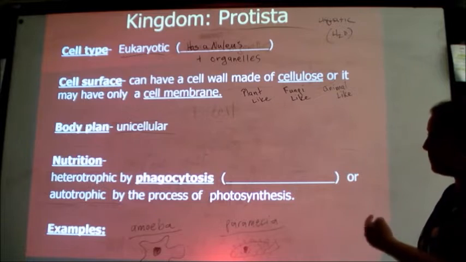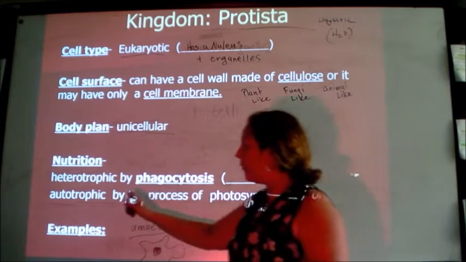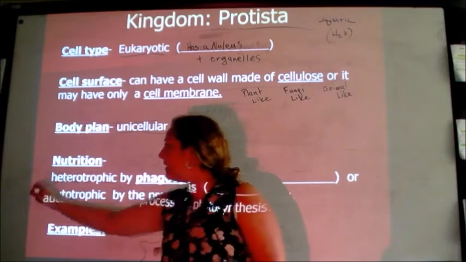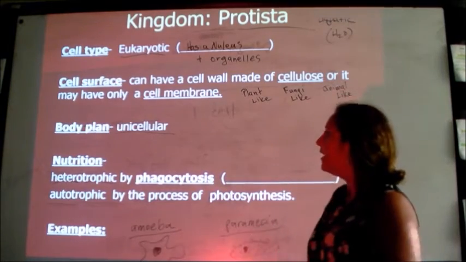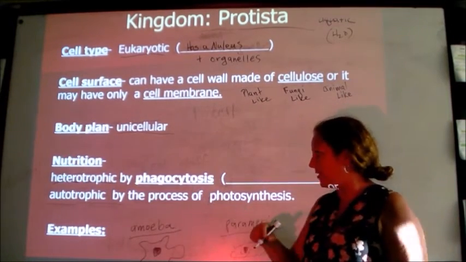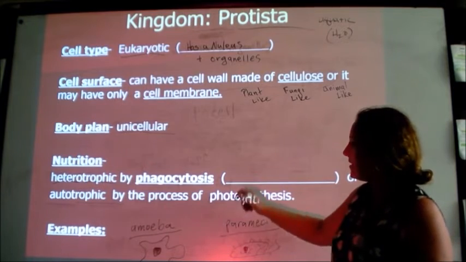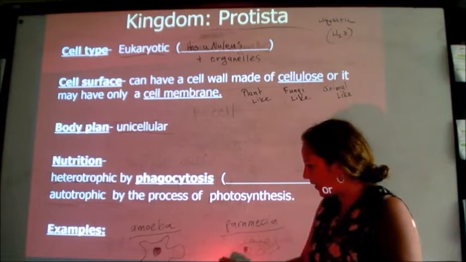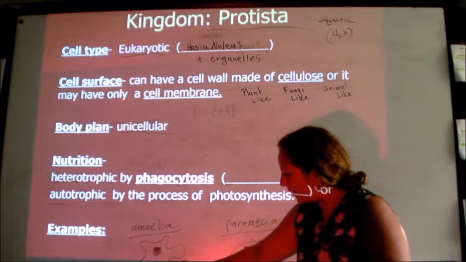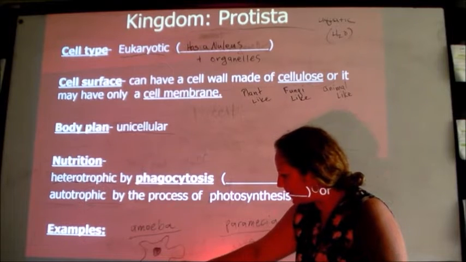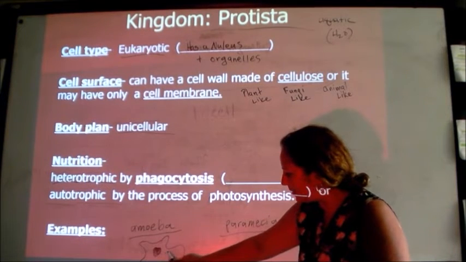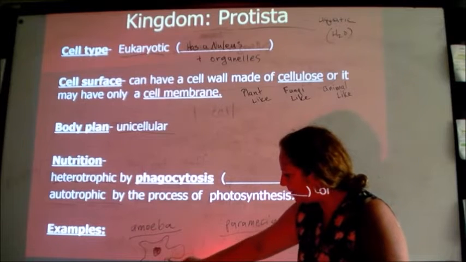And their nutrition, meaning they are heterotrophic, and we already learned that you get your food from a different source, so you have to eat food. And they do this by phagocytosis. Phagocytosis is when, just like we saw in the amoeba, the cell membrane opens and allows the paramecium inside, and then the cell membrane just closes right around it.